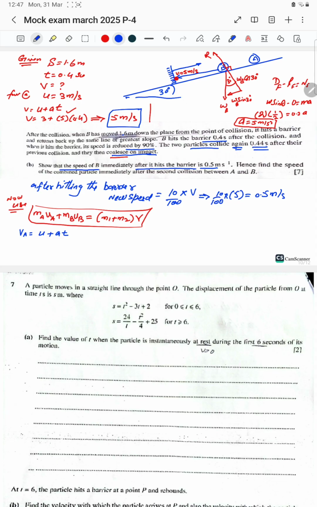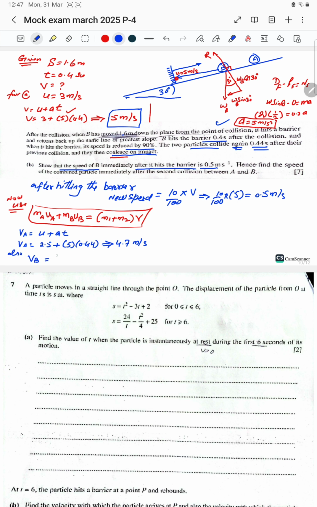So after the second collision, the speed of A will be u, which initially was 2.5, plus a, which we have calculated here as 5, and time is 0.44. So with the calculator we can get 4.7 meter per second.